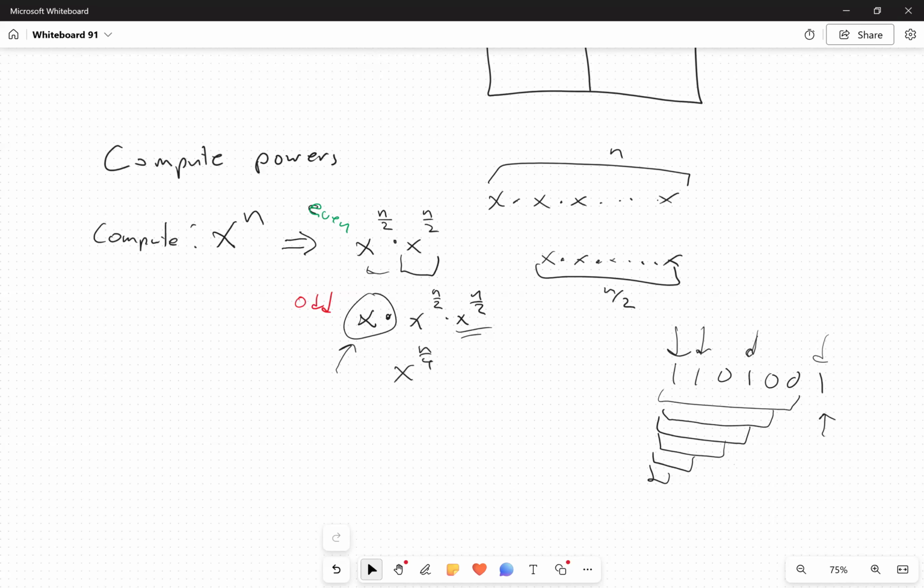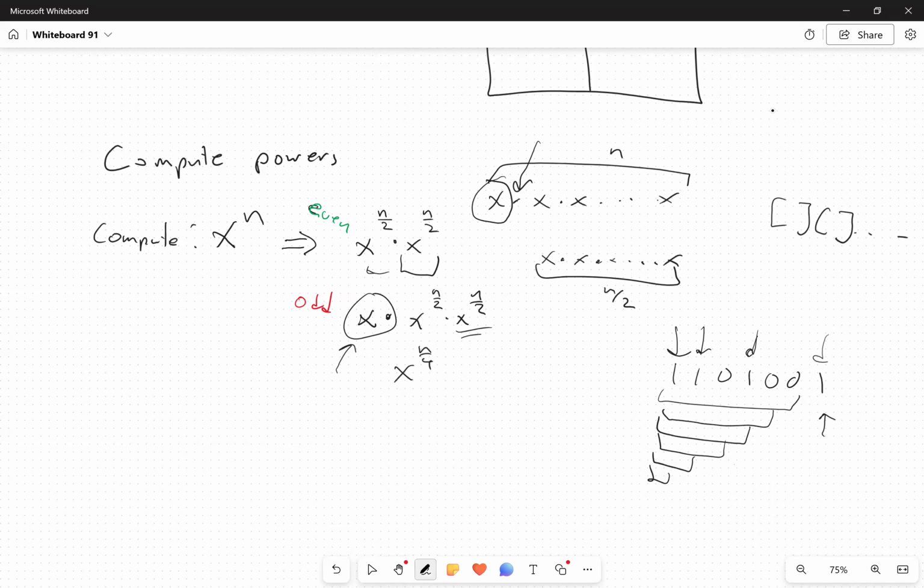Notice that I didn't say that these had to be numbers, and that doesn't have to be multiplication. So you can imagine, say you're multiplying matrices together. You're going to multiply the same matrix over and over and take a power of a matrix. So x doesn't have to just be a number, it could be a matrix power.